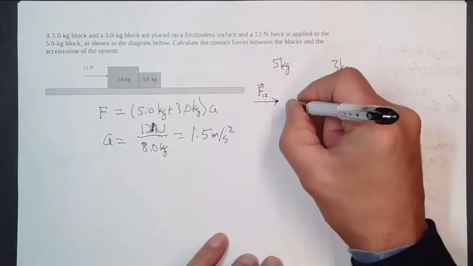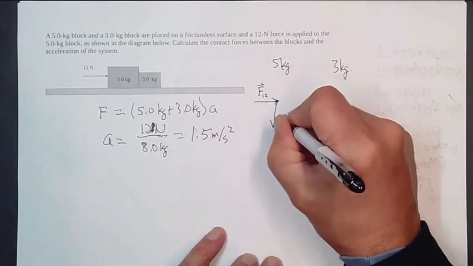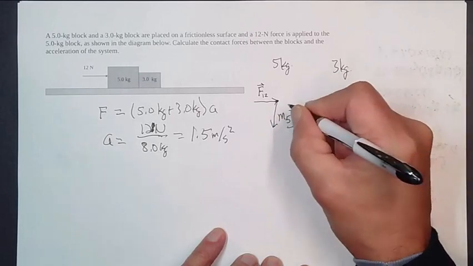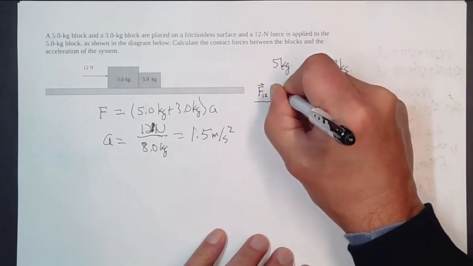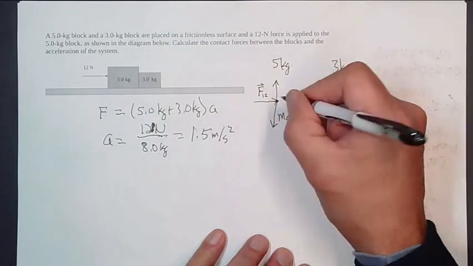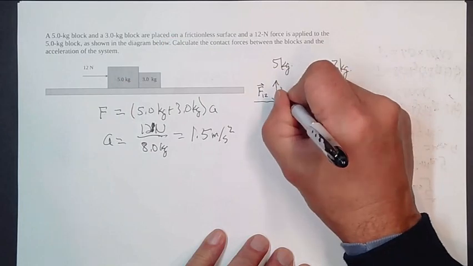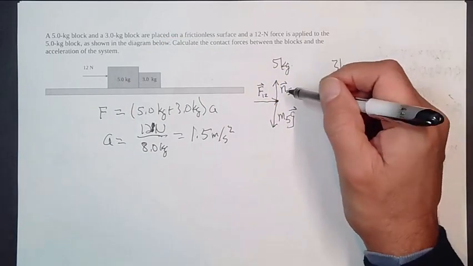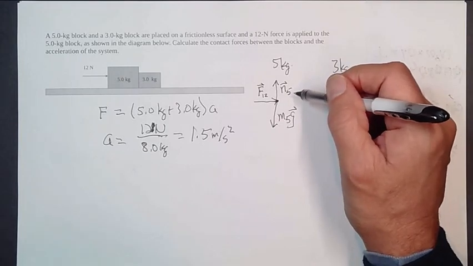We've got a downward force that's going to be m5 times g. That's the weight of it. We'll have an upward force from the tabletop or surface, whatever it happens to be. I'm going to call that n sub 5, just for the normal force on the 5 kilogram thing.